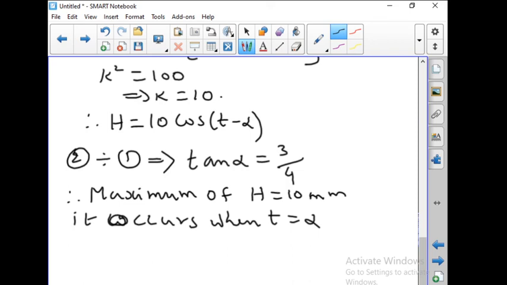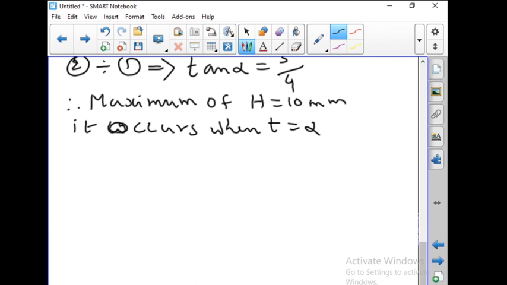Okay, when t is equal to alpha, it becomes cos 0, so cos 0 is 1. Therefore we get the maximum wave. Okay, so maximum height of the wave occurs when t is equal to alpha, where tan alpha is equal to 3 by 4.